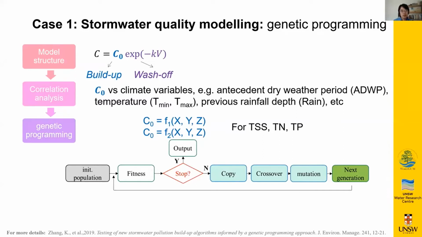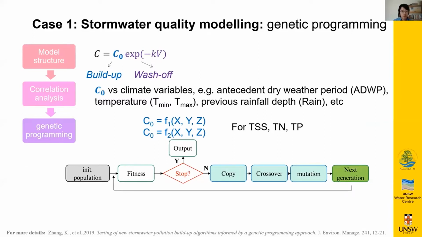The purpose of this case was to understand what algorithms can be used to represent the build-up process, which is impacted by various climate variables, for example antecedent dry weather period, temperature, rainfall, or solar energy, etc. So how do we construct the algorithm or the model?